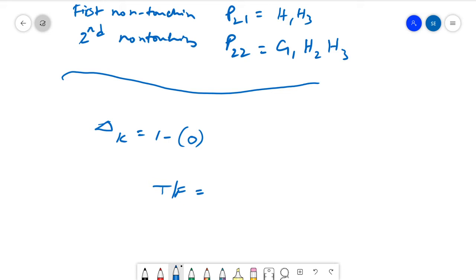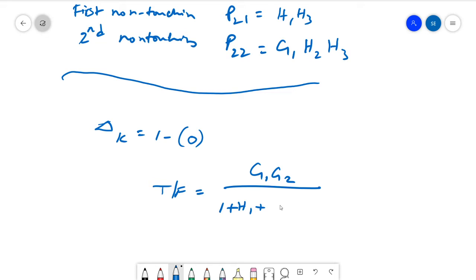Write it down. G1 G2 divided by 1 plus H1, these are the individual loop gains, H1 G1 H2 plus H3.